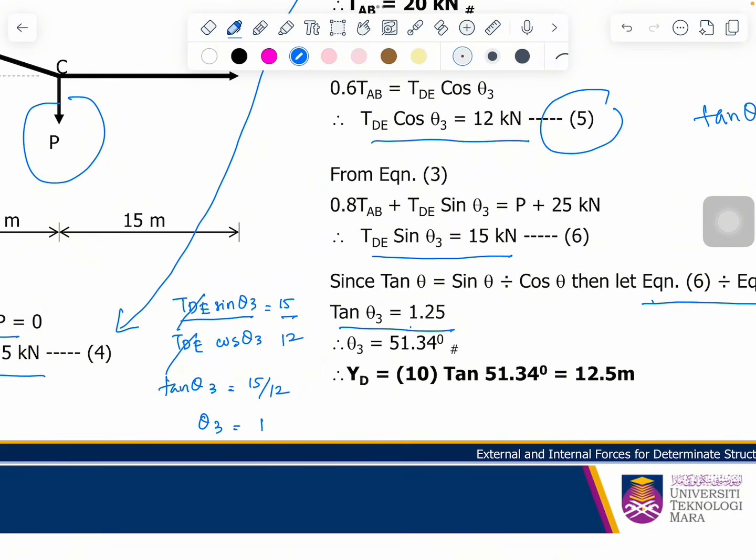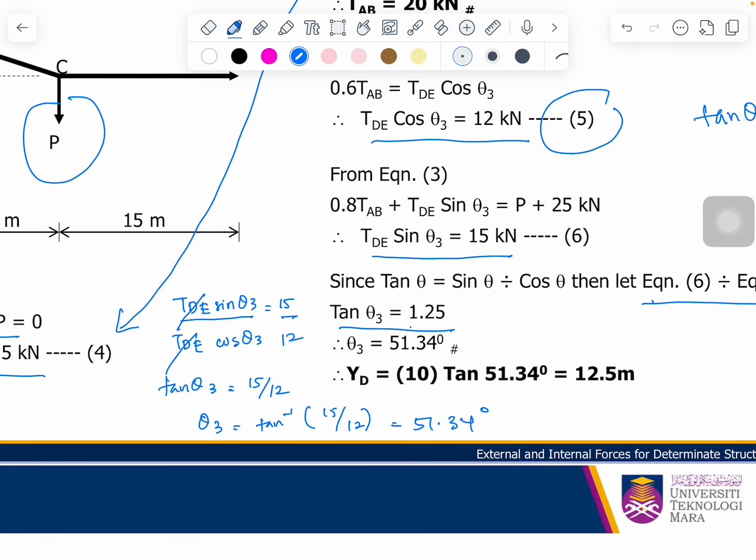Theta 3 equals tangent inverse of 15 over 12. So theta 3 becomes 51.34 degrees.